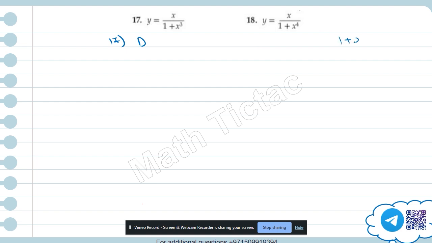Then I will take the cubic root, so x is equal to minus 1. So I have the domain, which is R minus {-1} only.